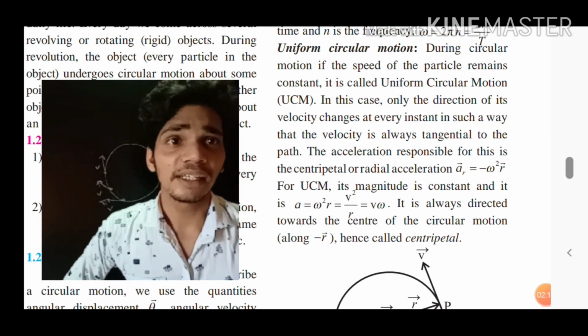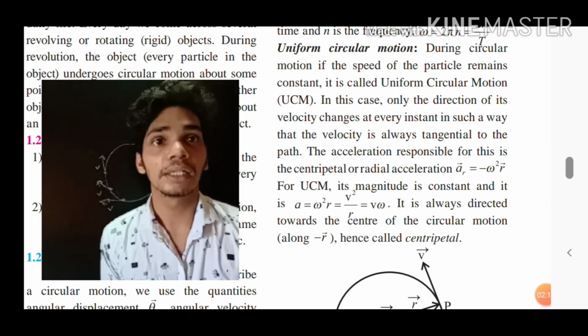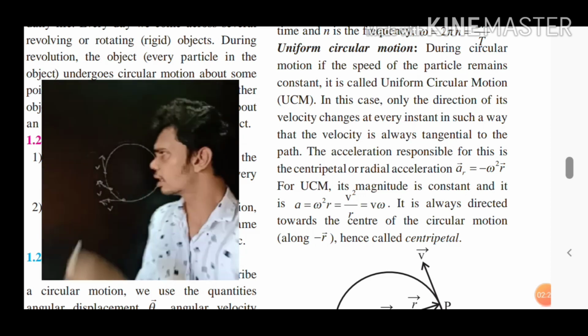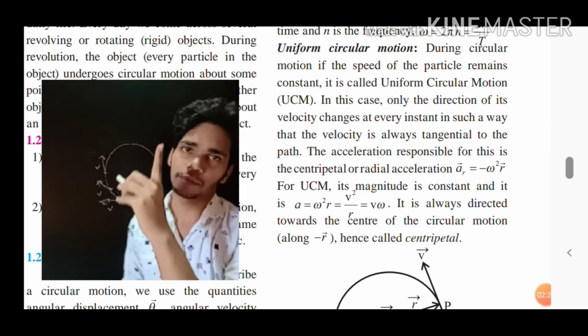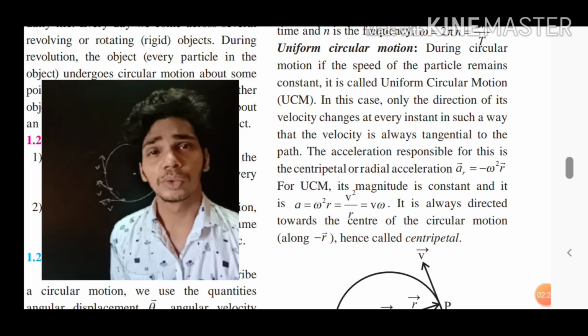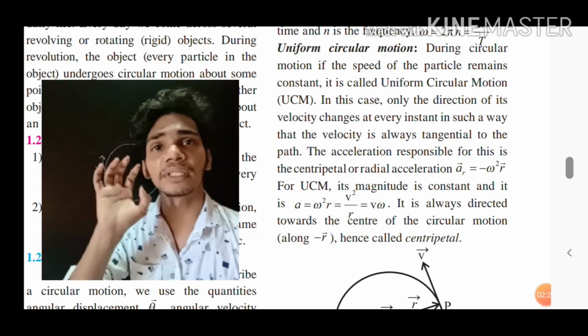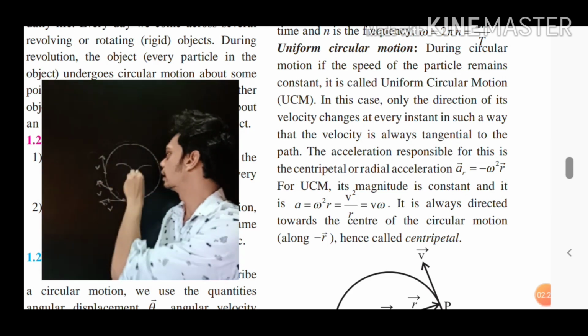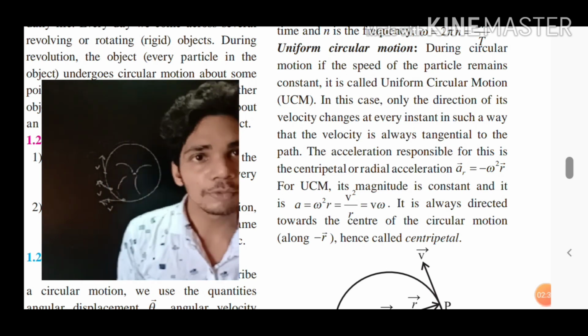The acceleration responsible for this is the centripetal force. Why centripetal force? There are two types of force, centripetal and pseudo centripetal force. When you talk about the centripetal, it acts towards the center, so that's called centripetal force.